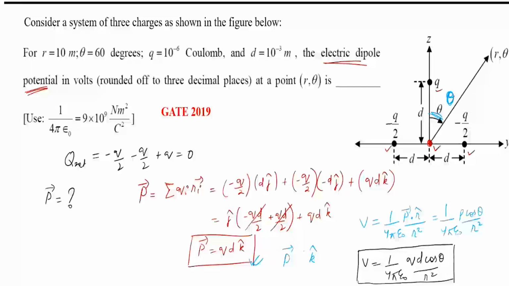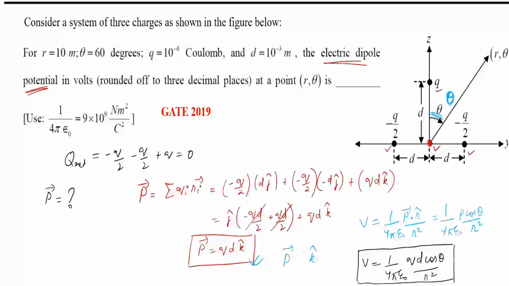But whether it is an ideal dipole or not, let me try to explain in a different way so that you can understand. Suppose there is some charge distribution, whether discrete or continuous.